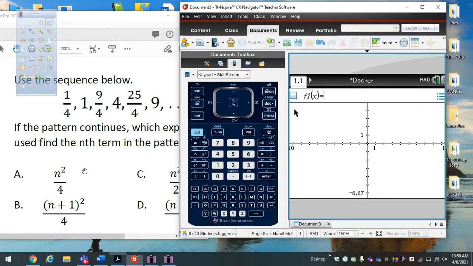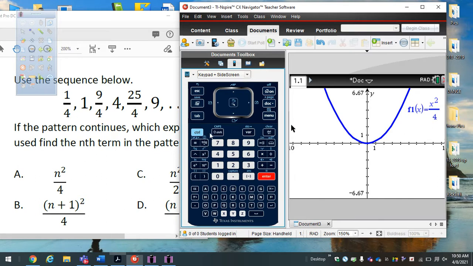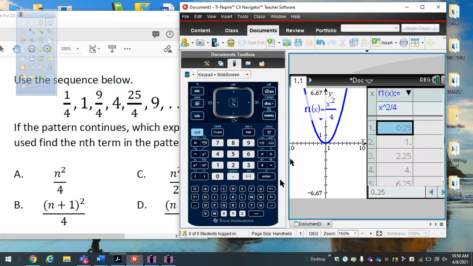I'm going to change that N to an X. And I'll put control fraction. Control, where is it? Yeah, there it is. X, and change that, X squared over 4. Enter. Now I go control T.